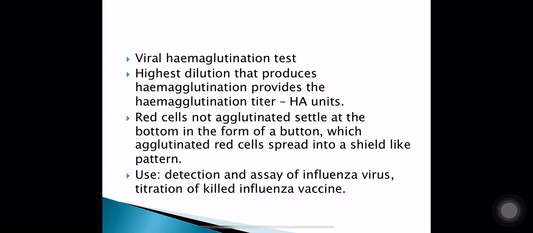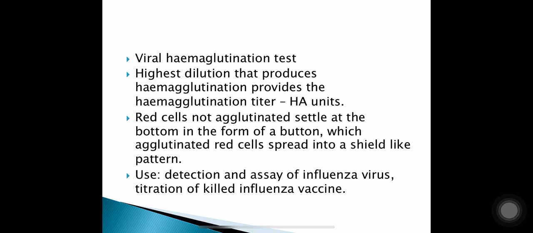In the viral hemagglutination test, the highest dilution that produces hemagglutination provides the hemagglutination titer, that is known as HA units. The red cells which do not get agglutinated settle down at the bottom in the form of a button, while those red cells which get agglutinated spread in a shield-like pattern.